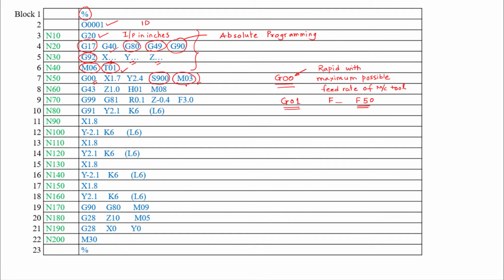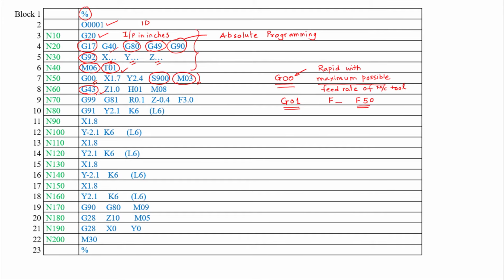The tool will move to position X 1.7 inches, Y 2.4 inches in the rapid way with the maximum possible feed rate, 100% feed rate value. Then the tool is approaching the workpiece. So when it approaches the workpiece, we have to compensate the tool length as well. We will see the concept of tool length compensation in the coming slide.